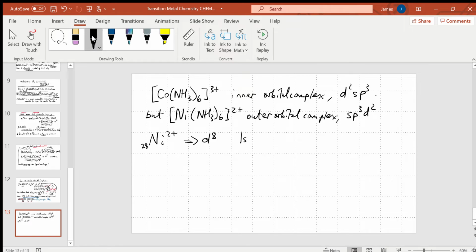So we'd have 1s2, 2s2, 2p6, 3s2, 3p6, 4s2, 3d8. That would be nickel. For nickel 2+, we have to get rid of these 4s2 electrons.